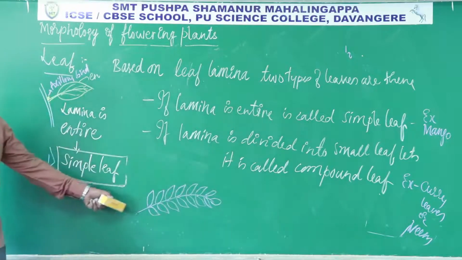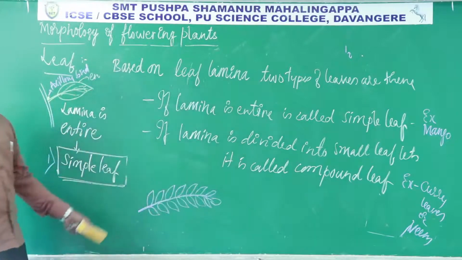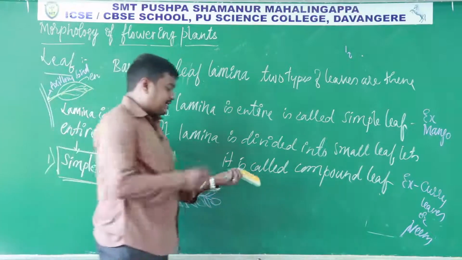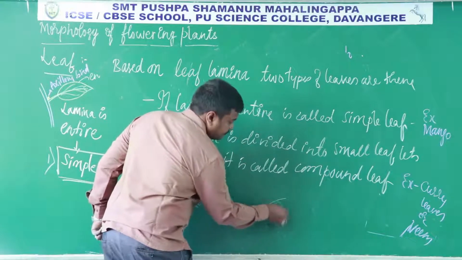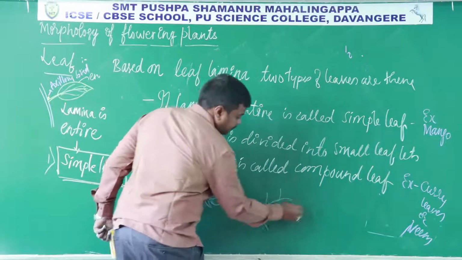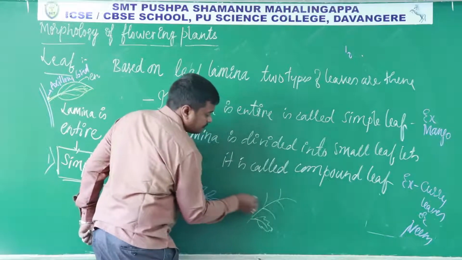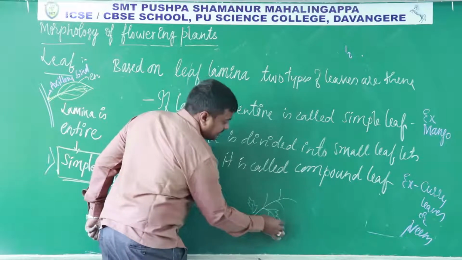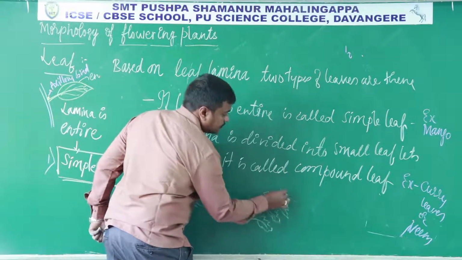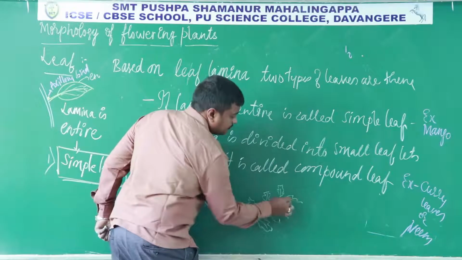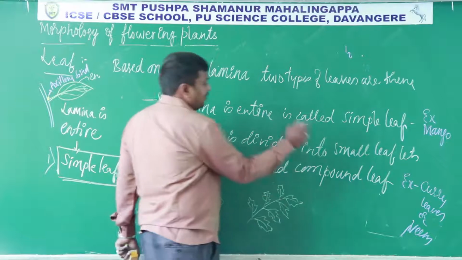So this is the rachis and these are the leaflets. So it is an example for compound leaf. The same thing you can observe in neem. Here also the leaflets are incised like this. So both are examples for compound leaves.